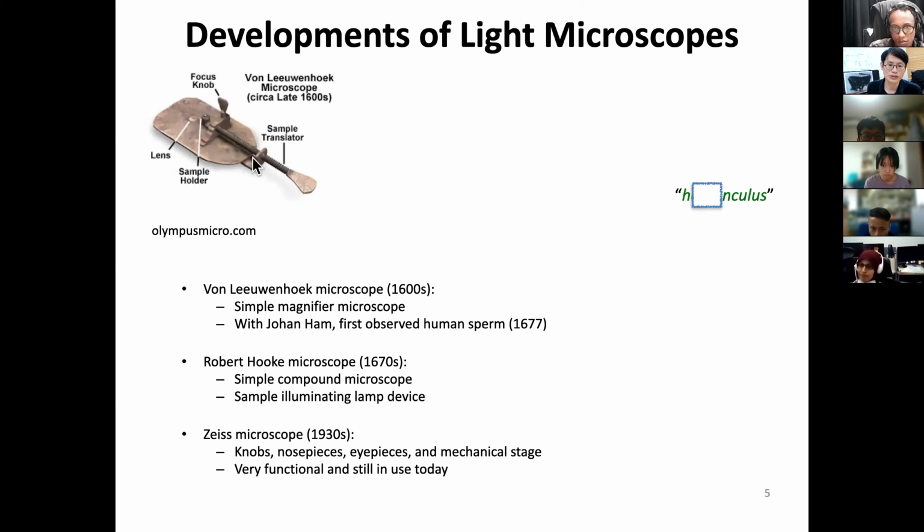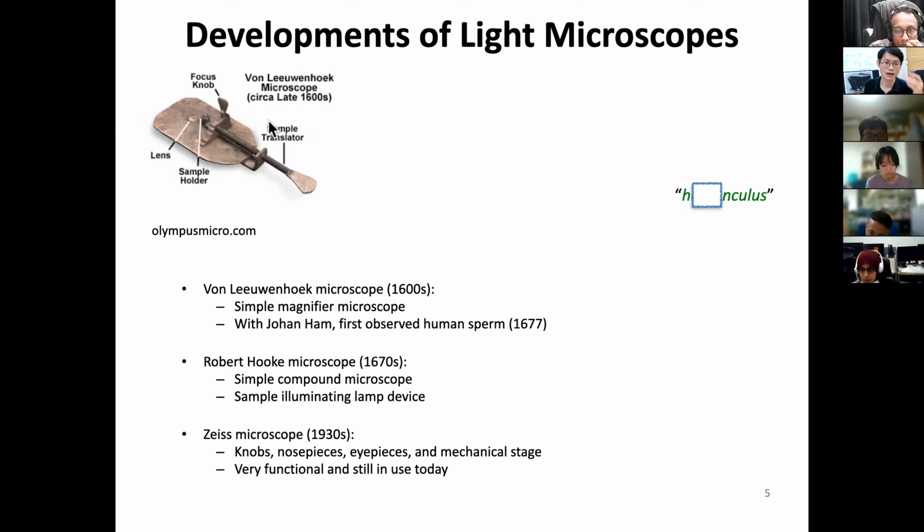It's a little confusing to look at first, but if you look closely, there's one lens. That's the microscope, but it's very tiny, so you need to place the sample. You need a holder, and you need to move the sample in, let's say, the X direction, and it's already aligned, I guess. Then you need to move it up and down to make a focus. So, a sample translator.